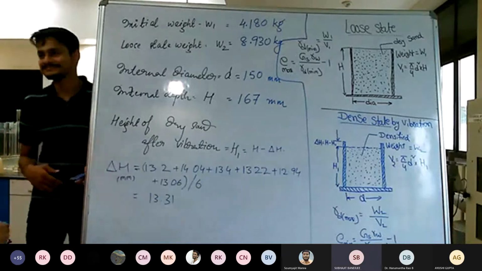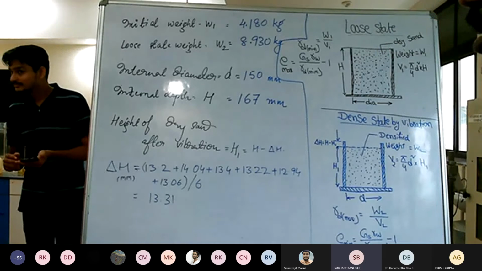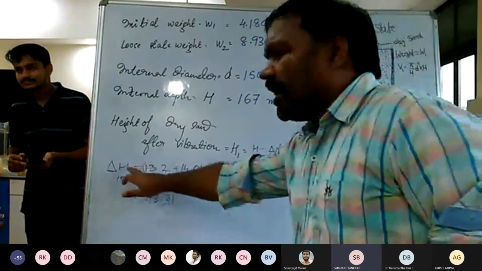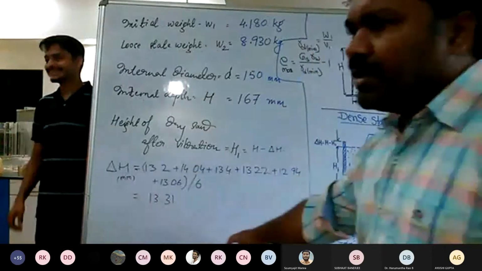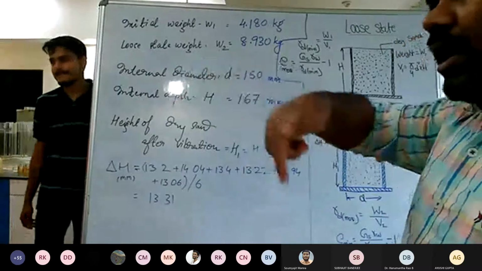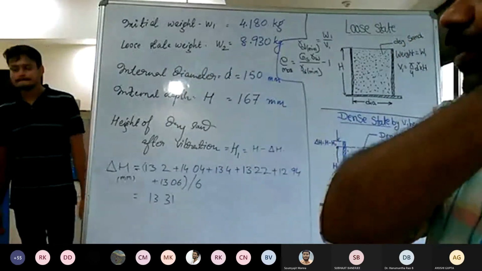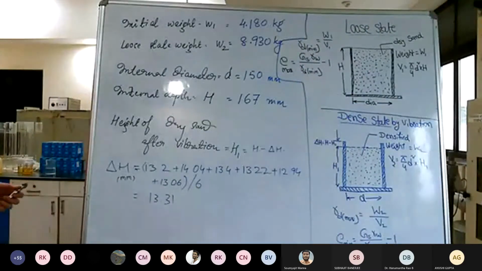Sir, those values are like 13.2 to 13.4 delta H values. Yes, this is the change in height. We cannot measure at only one place. All along the periphery of the mold we measured at 6 places, and the average of the 6 is considered as a single reading.